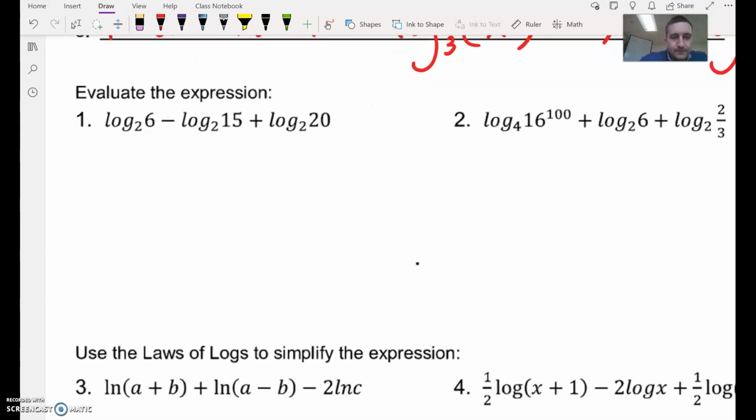So, first evaluate. 2 to the what power gives me 6? I have no idea. But what I do see is 2 logs separated by a subtraction sign, which means I can write those as one log with division.